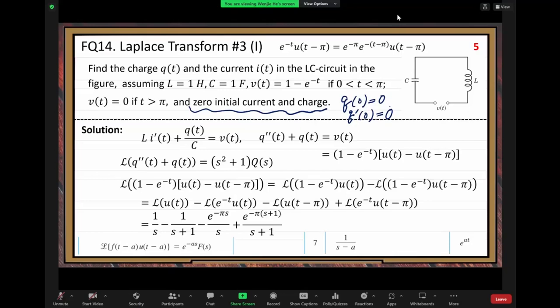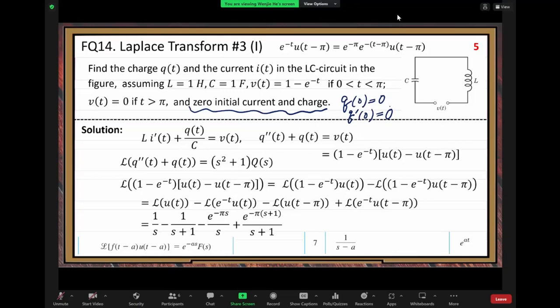After that, this is a constant, so you can take it out, and then apply this formula: e to the negative pi s times F. For F, you apply the Laplace transform on e to the negative t, that is 1 over s plus 1.